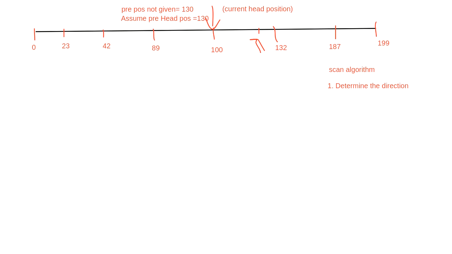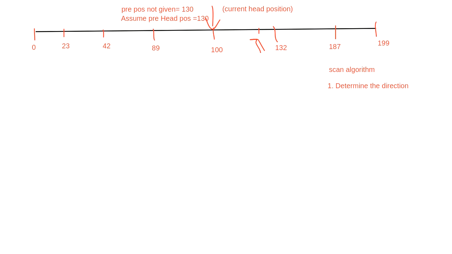Why is it called the scan or elevator algorithm? You know how a lift works. Suppose there are 200 floors in a building, and the lift is coming down.